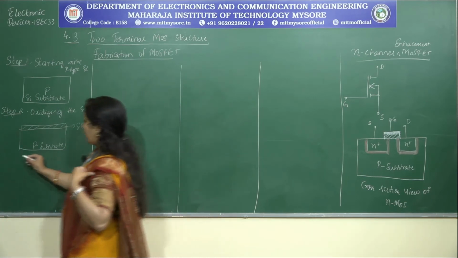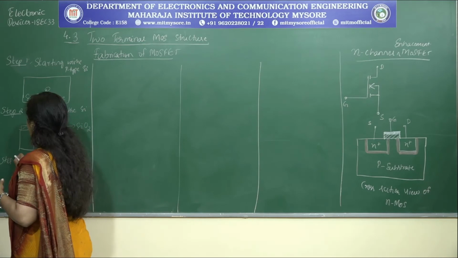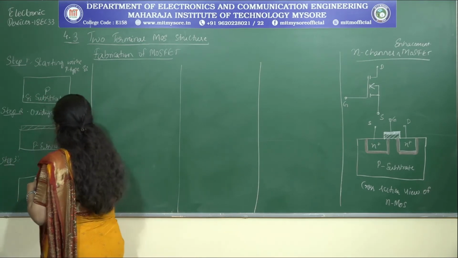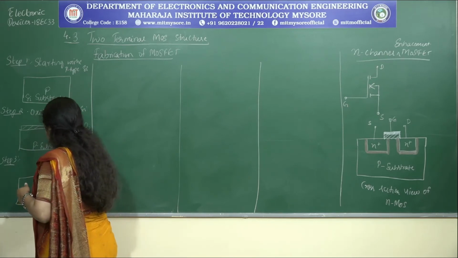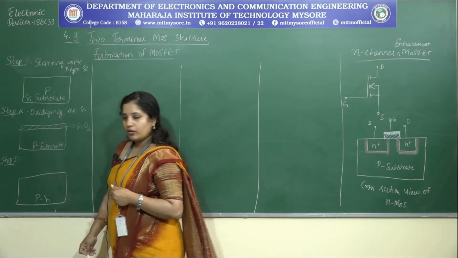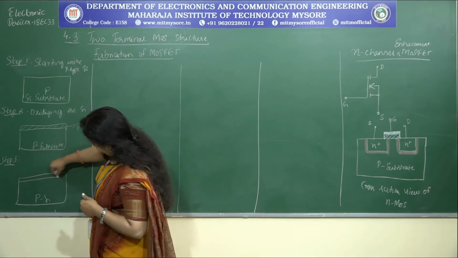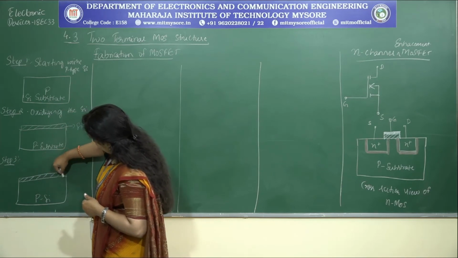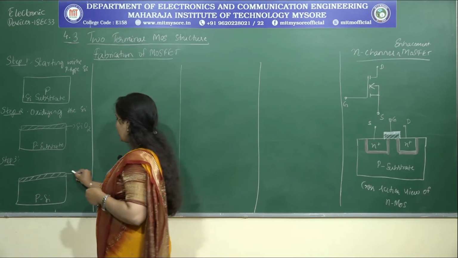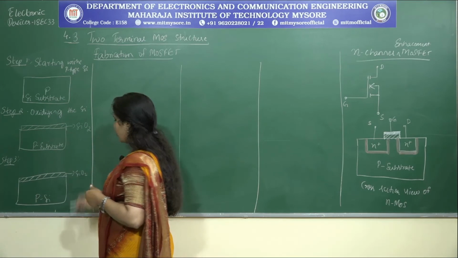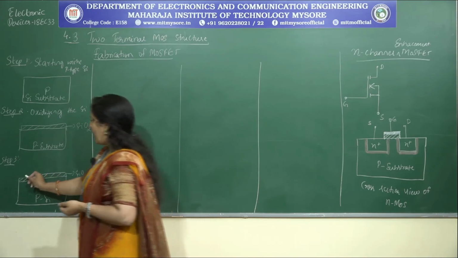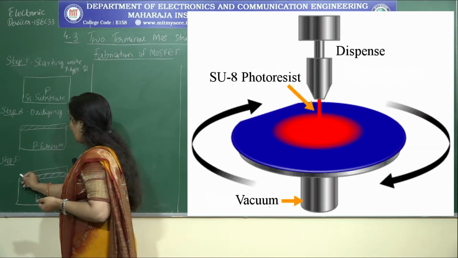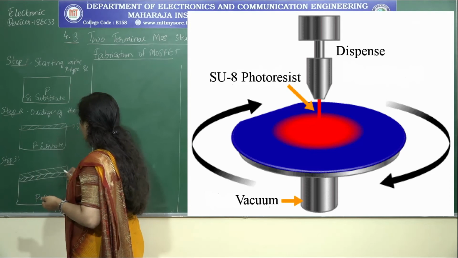After that, let me consider step number 3. I have a P-type silicon underlying substrate, and then we have an oxide layer, a silicon dioxide insulating material, and upon that I will deposit or spin coat a photoresist.